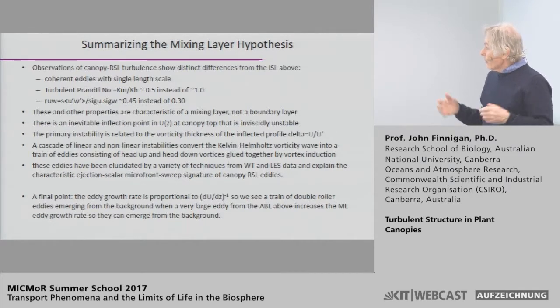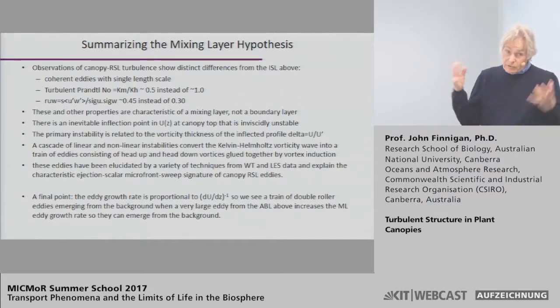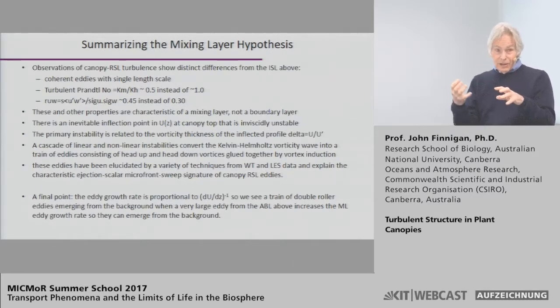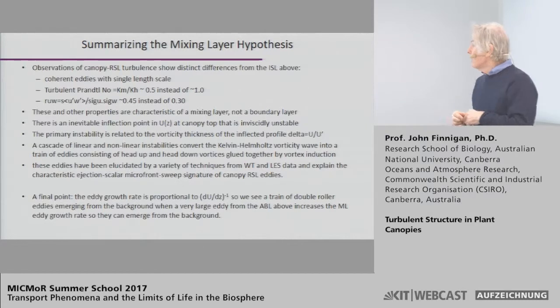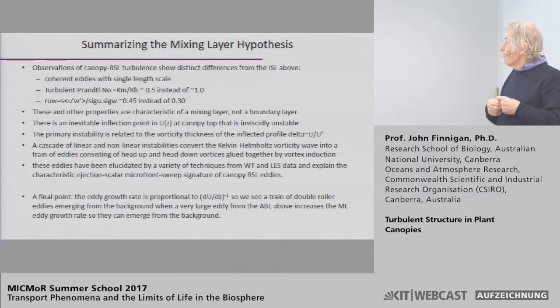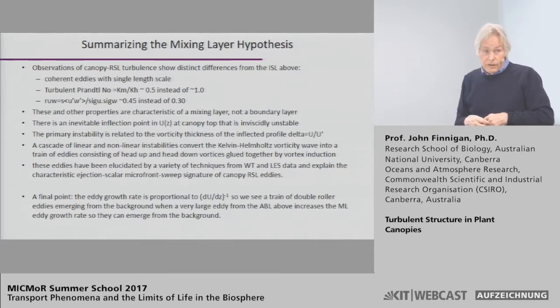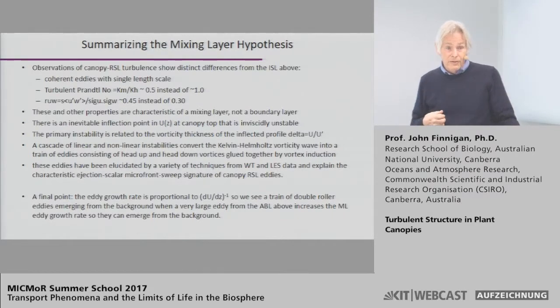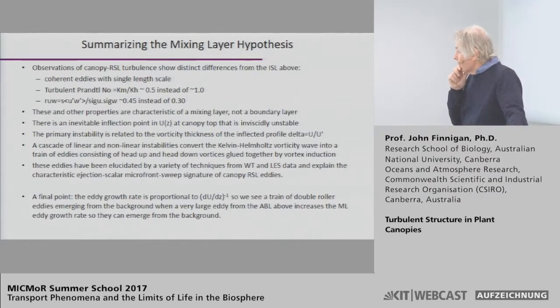Then we get an instability linked to the vorticity thickness, and then that cascade of instabilities, which really are all happening at the same time, which link the final eddy, which is a head down and a head up, glued together by vortex induction to that initial inflection scale. And we've looked at these things for a wide variety of techniques now, and it's a pretty solid theory. I think it's gone a little bit past the hypothesis.